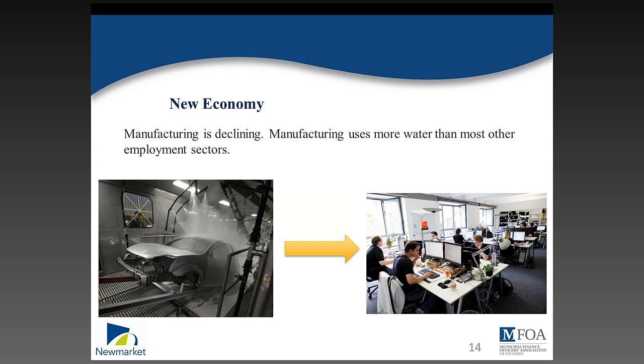The fourth point is that Ontario manufacturing jobs are declining and are unlikely to make a significant comeback. Between 2004 and 2013, manufacturing jobs declined by 32%. It goes without saying that most manufacturing customers tend to use a lot of water. And I have a picture here of a car assembly line because The Economist magazine recently predicted that the automotive industry will be gone from Canada between 2030 and 2040.